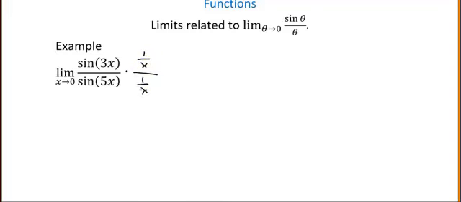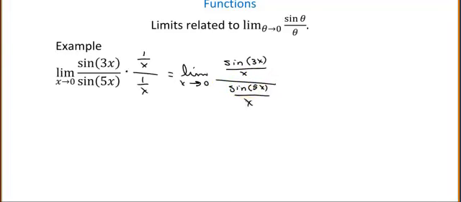If we do that, then we'd have the limit as x approaches 0 of sine of 3x over x divided by sine of 5x over x.